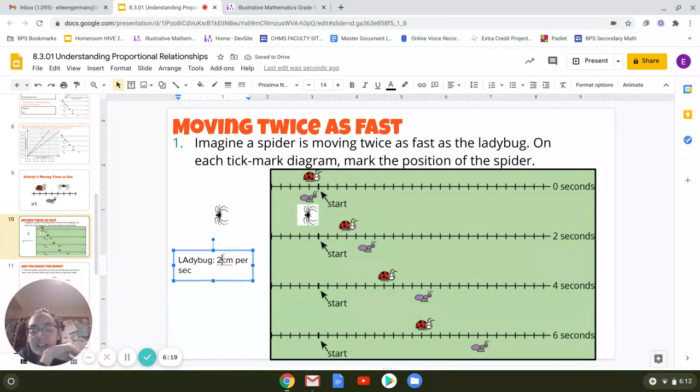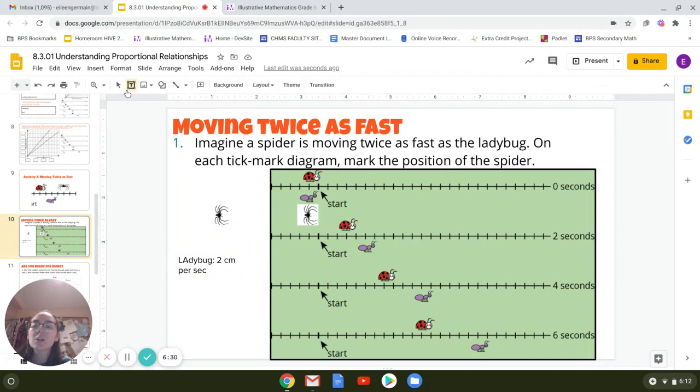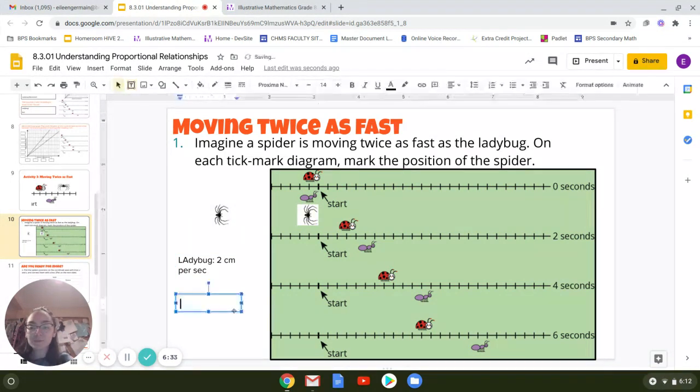So it tells me now this new insect is going to be moving twice as fast. So the new insect, or the spider, so I'm going to throw in this new guy here, the spider, will be moving at 4. Because if it's double, what do we have to do when we double a number?